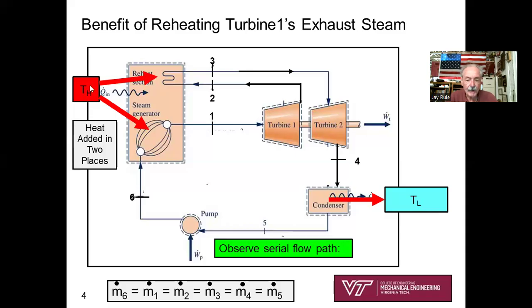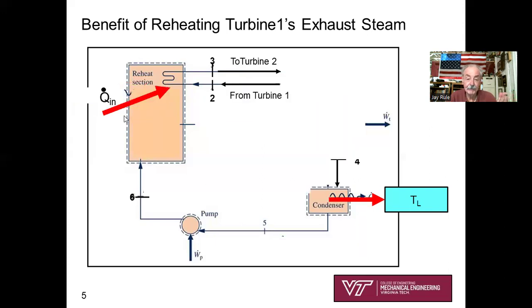And so for this problem of reheating the steam, do you see that you've got two places where you're adding heat to the H2O? Two places. That's the key. That's all you've got to remember. There are two heat addition places that make up Q dot H in your thermal efficiency statement, the denominator. That's all that's different.